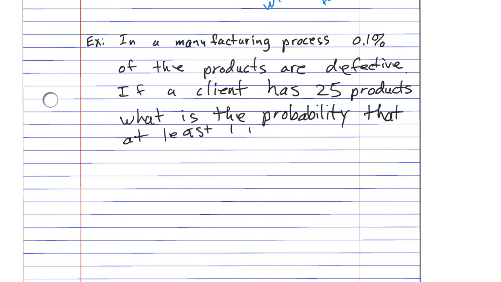So here it is. Imagine that you are in a company, and if 0.1% of the products are defective, if a client has 25 products, what's the probability that at least one is defective?